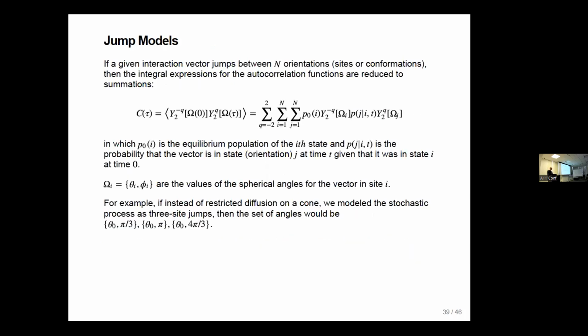The other model beyond diffusion, just to finish quickly, would be jump models. So now if you think about, again, a rotamer, if you ignore the librations in the bottom of the well, then you have jumps over the barrier between gauche plus, gauche minus, and trans, for example. So jump models also have a formal way of calculating the autocorrelation function or the order parameters.